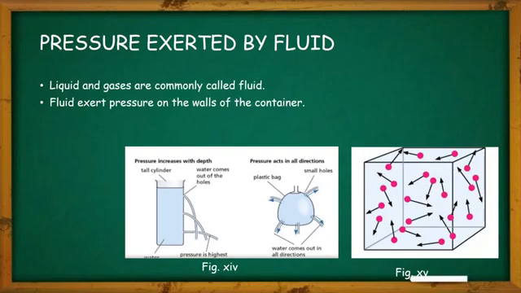Whenever it gets a small hole, it tries to come out of it. Then here you can see, suppose this is a square container where the gas molecules are moving here and there in random motion, and the gas molecules bombard the walls of the container, and similarly they also exert pressure on the wall.